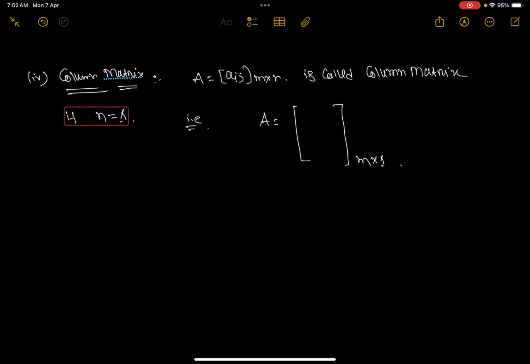So you can consider the matrix A11, A21 up to Am1. This is the first row, this is the second row, up to the m-th row, and this is the first column.